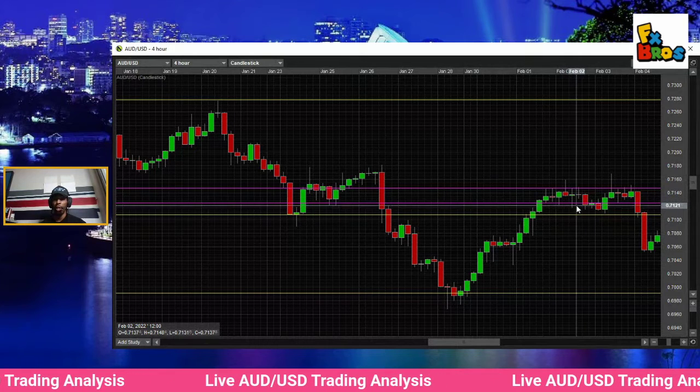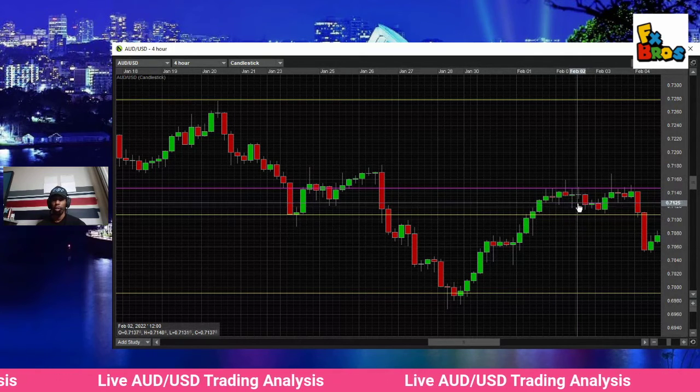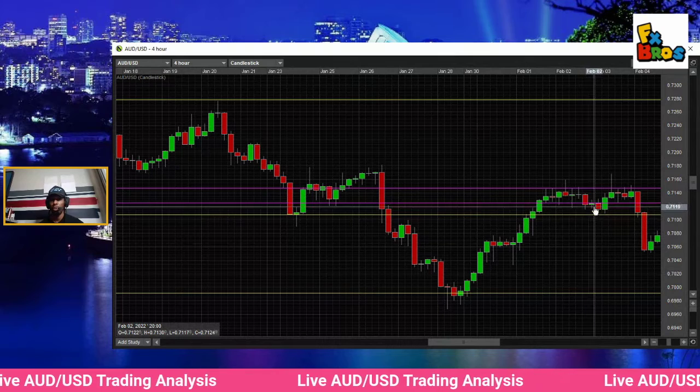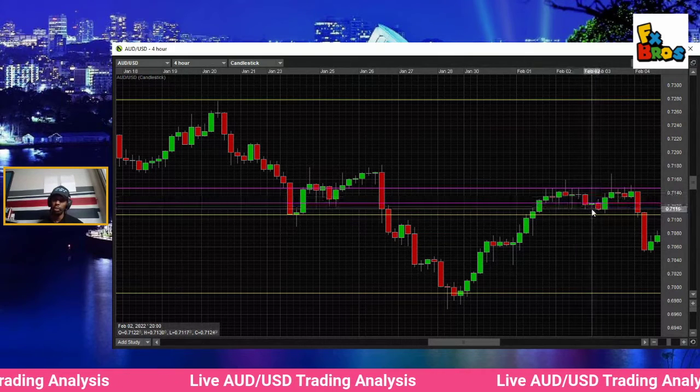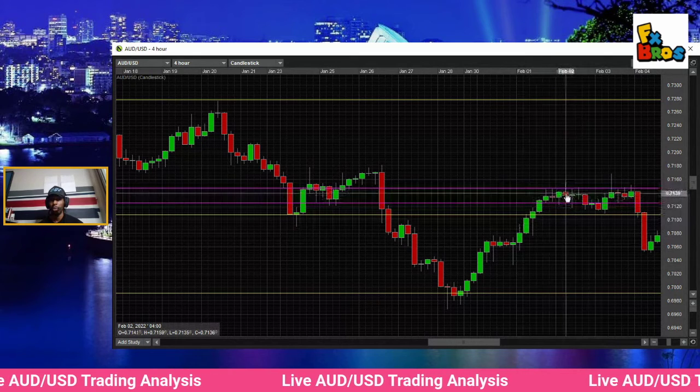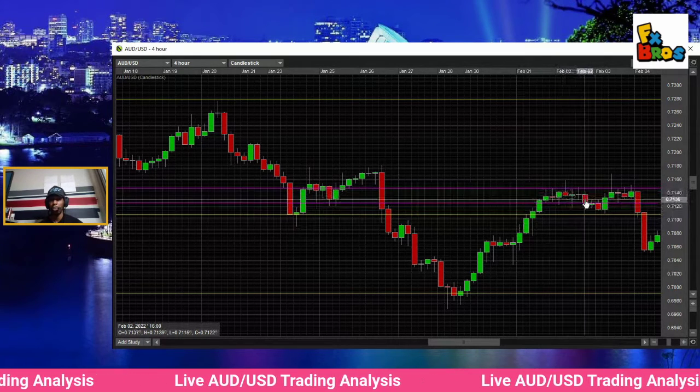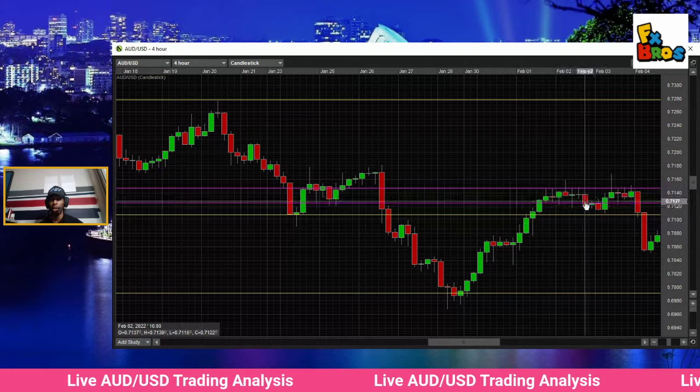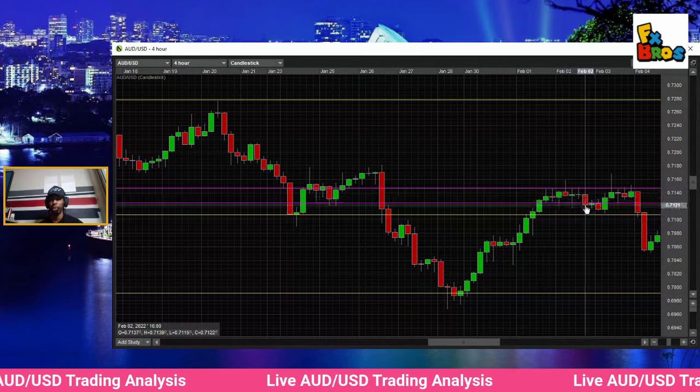This did not break out of this zone like we wanted to, so this would have been a lot of patience because you're basically catching this buy. You probably would have got out of the buys when this candle closed. This is a big candle, letting you know maybe price is ready to reverse.